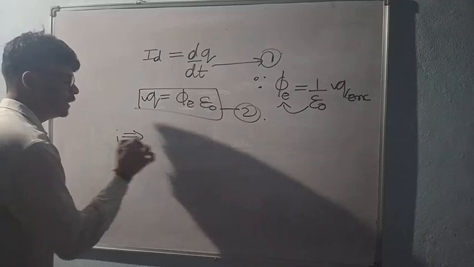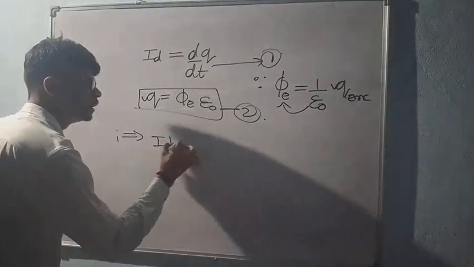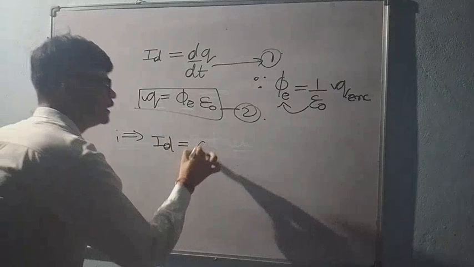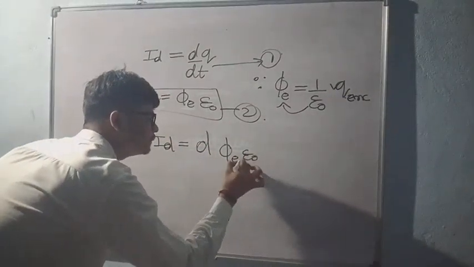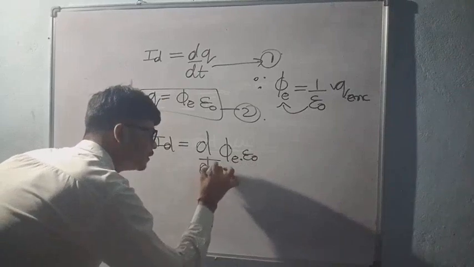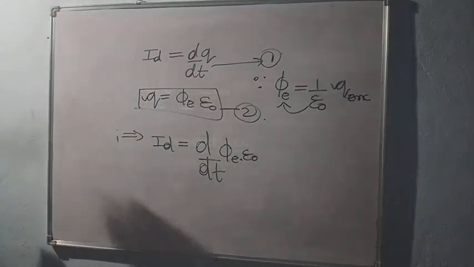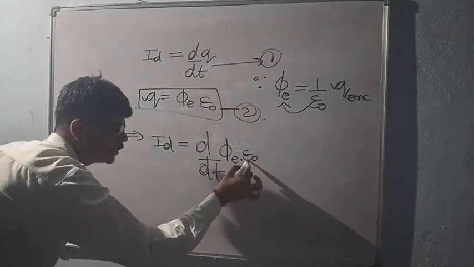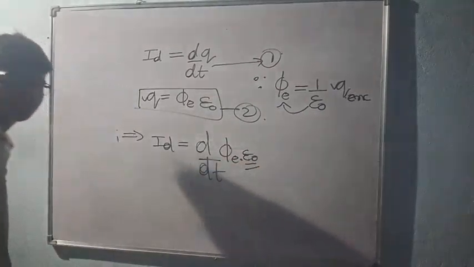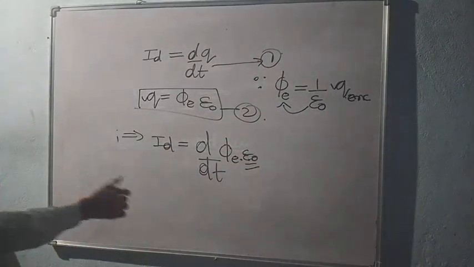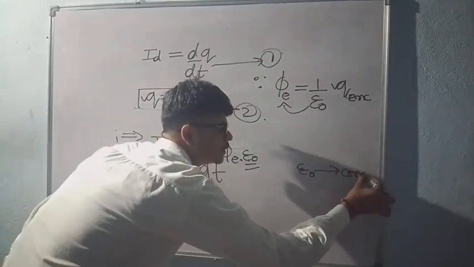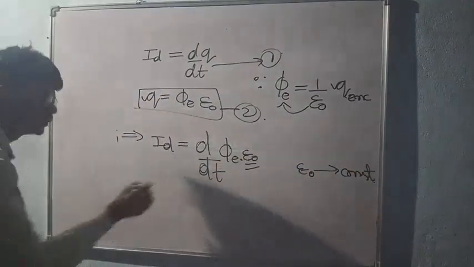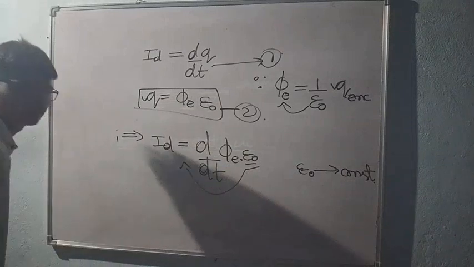So the value of ID is equal to d by dt of phi E times epsilon naught, the derivative with respect to time. Epsilon naught is a constant quantity, the permittivity constant, so it will come outside.